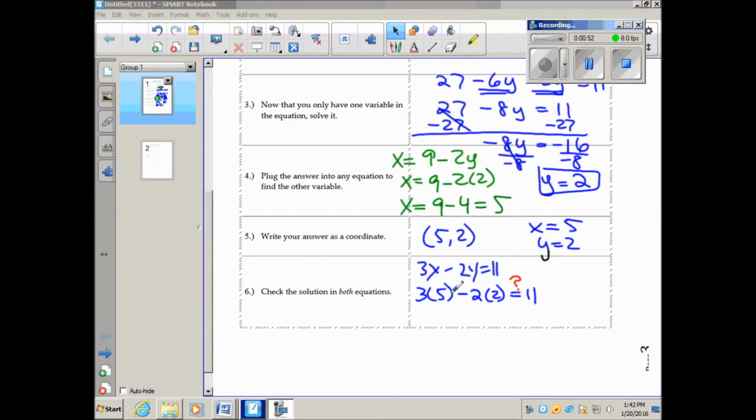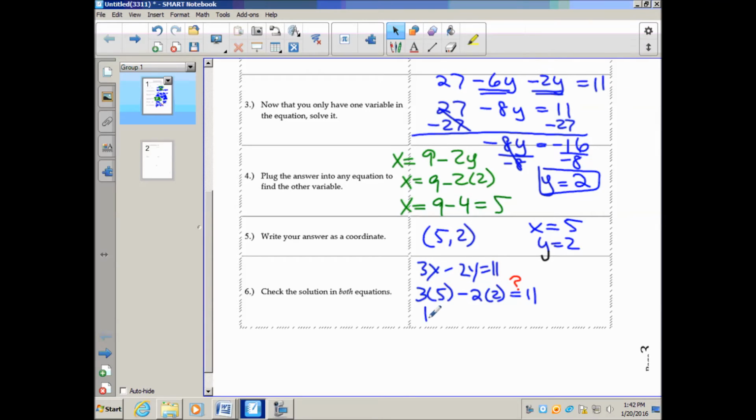So I substituted 5 in place of x and 2 in place of y, and now I'm going to evaluate this. 15 minus 4 equals 11. Again, this is still in question, so I'm working vertically. 15 minus 4 is 11. So I see that the left side equals the right side, so I know that it does work in this equation.